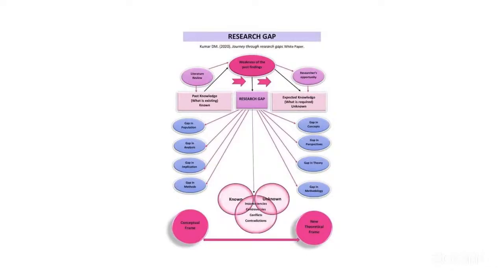It's a theoretical framework that makes it feasible for you to suggest that the association between these two variables is possible. Okay, so there might be a gap in concept, a gap in perceptions, a gap in methodology, even a gap in theory. So it's a theoretical framework that justifies and gives backing for your thinking about the possibility of an association, even though it had never happened.